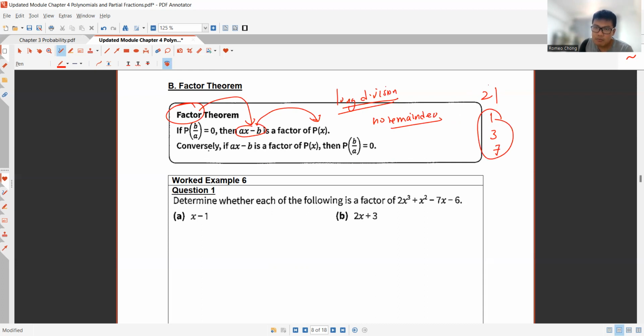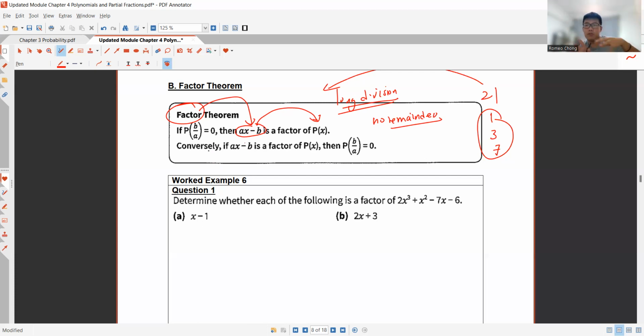By linking this basic concept to the factor theorem, you have to understand that when ax minus b is a factor, that means you get a zero remainder. It's actually the same as the previous theorem, the remainder theorem.